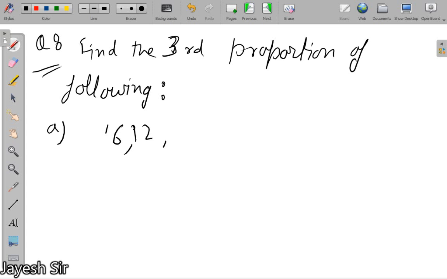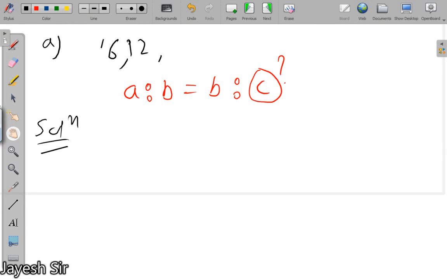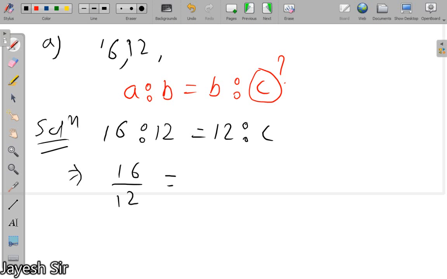Let me remind you again, for the ratio A to B equals B to C, we have to determine the value of C. So we write 16 ratio 12 equals 12 ratio C.